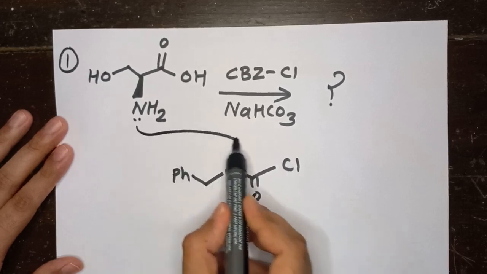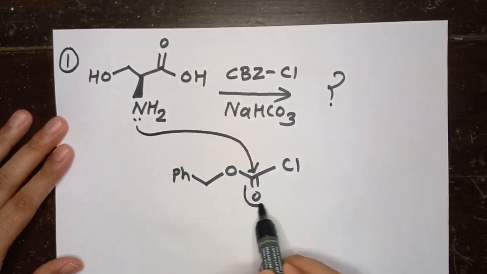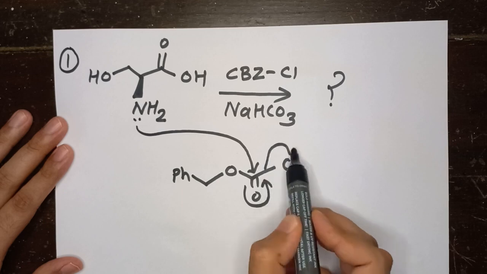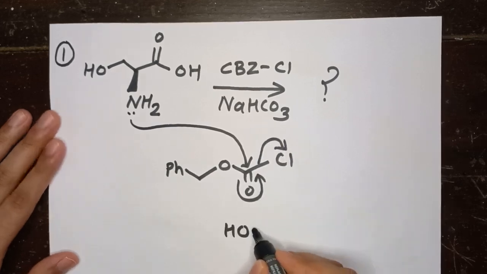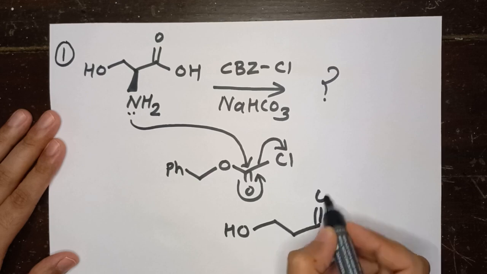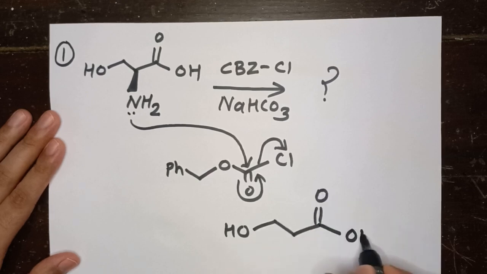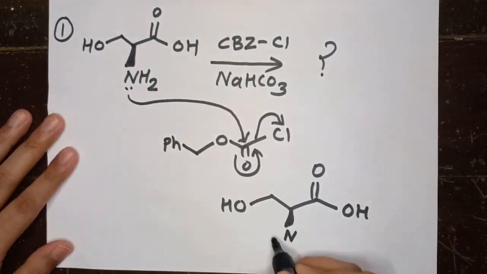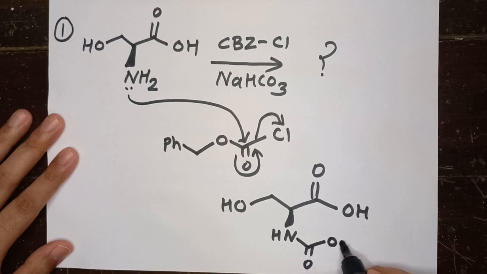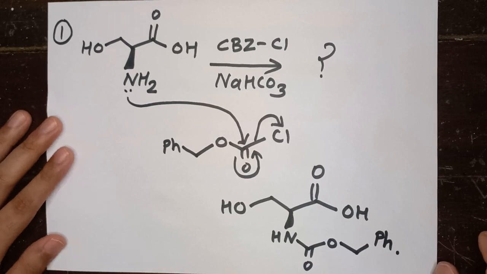This nitrogen lone pair will attack at this carbonyl and through conjugation Cl is going to leave and the product is going to be... so this is the product for this reaction.